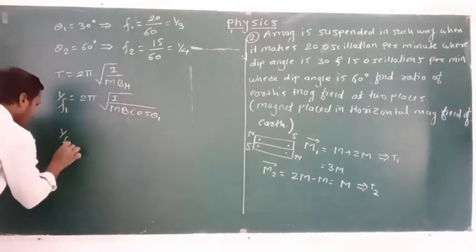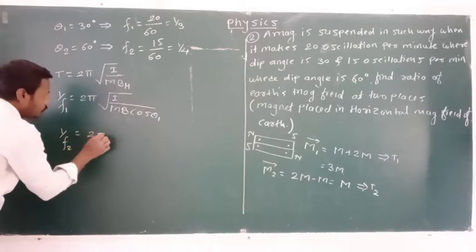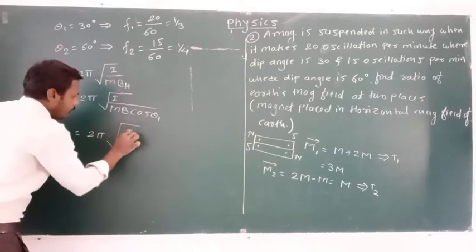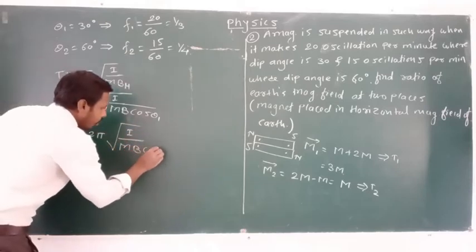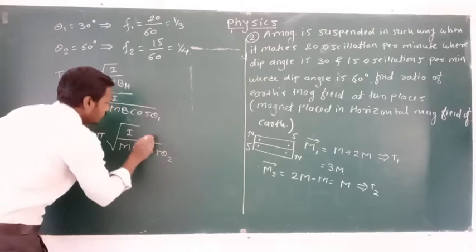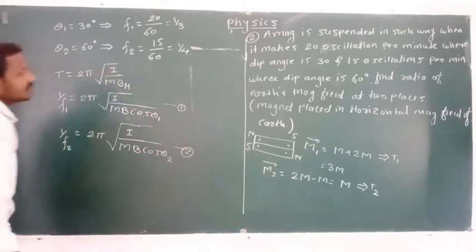Similarly, 1 upon F2 is equal to 2 pi under root of I divided by M B cos theta 2. This is equation number first and this is equation number second.